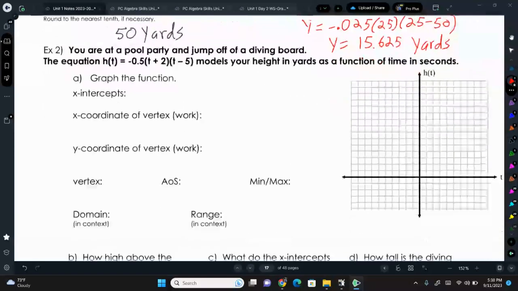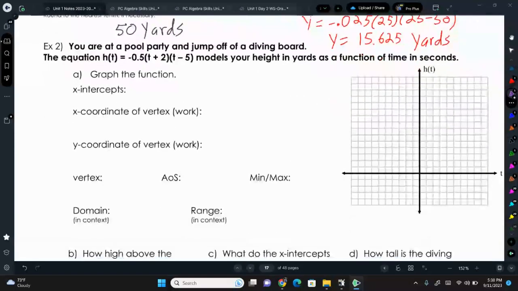Now, example 2, we are given a function in intercept form. So let's graph it. Our intercepts are negative 2, 0, and 5, 0.